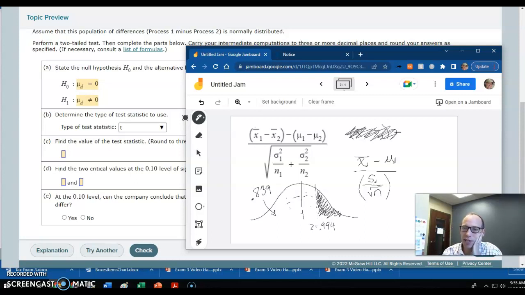So this is what we have right here. We have our sample mean minus, this is going to be 0, and then our sample standard deviation divided by the square root of the sample size.